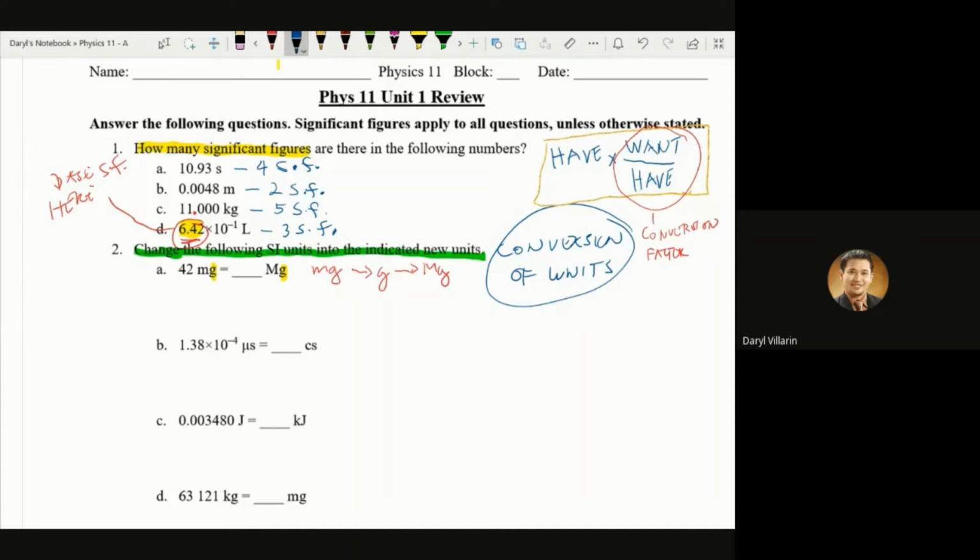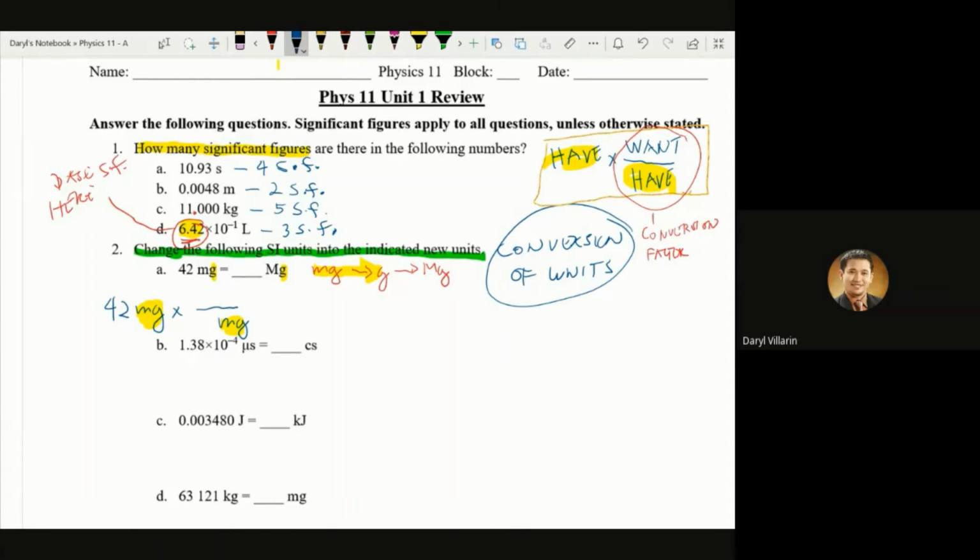So I'm going to start first with 42 milligram. Then I'm going to multiply that with my conversion factor. Again, if you go back here, this is have and want. So whatever is the unit of the given, that's the unit that I will also write in the denominator, milligram. And again, I'm going from milligram to gram.